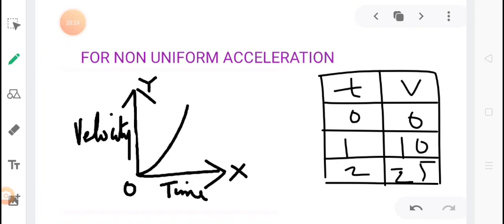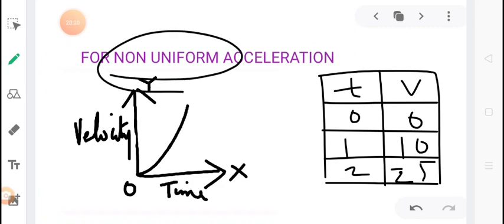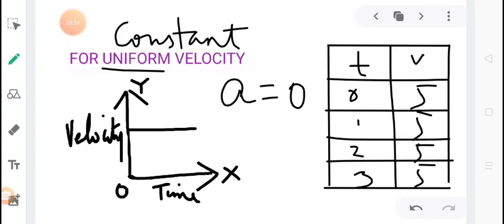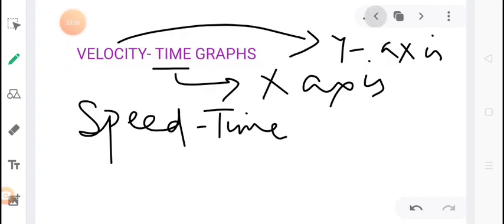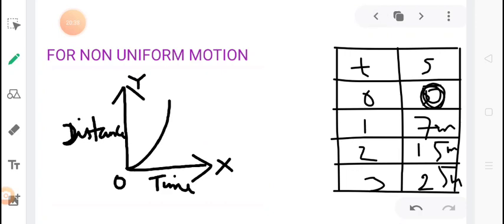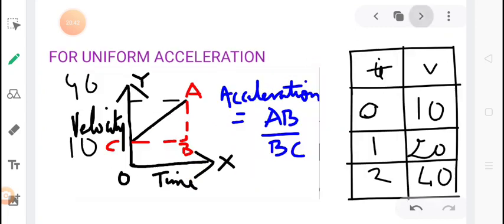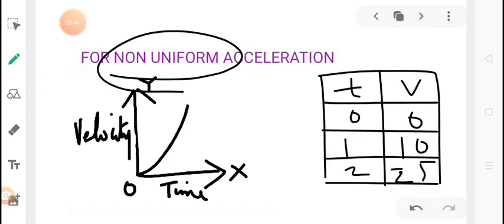So there is no regularity, and if you are plotting this value, then you will get a curve. So for any non-uniformity in motion, you get a curve. This was the situation, if you remember, in case of non-uniform motion, the distance versus time graph was also a curve, and similarly non-uniform acceleration is also represented by a curve.